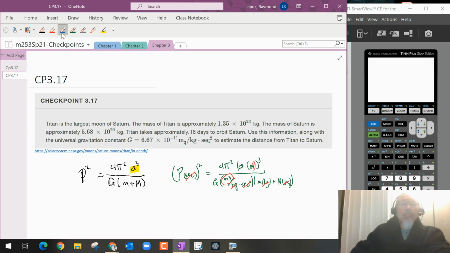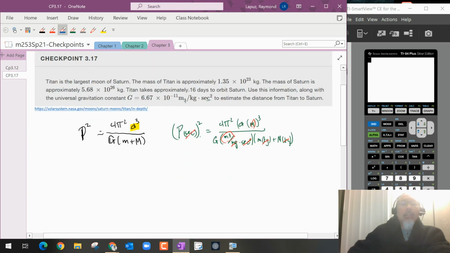Okay, now that we have some of that identified, let's figure out what P is. So P is going to be 16 days. But remember, we want this in seconds. So there are 24 hours per day, and there are 60 minutes in an hour and 60 seconds in a minute.